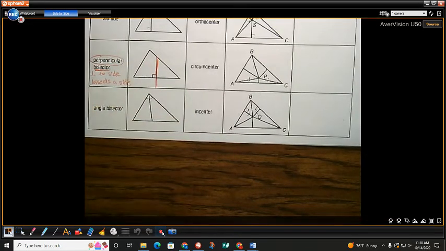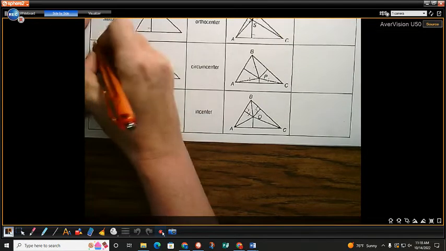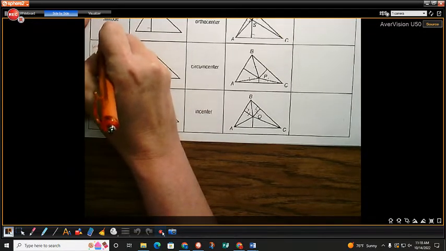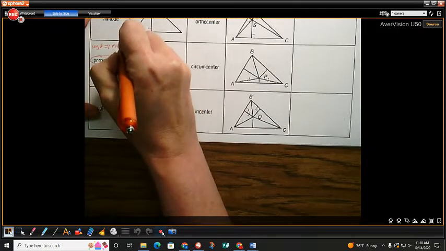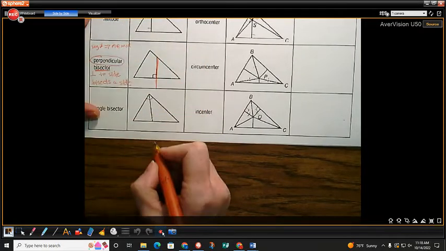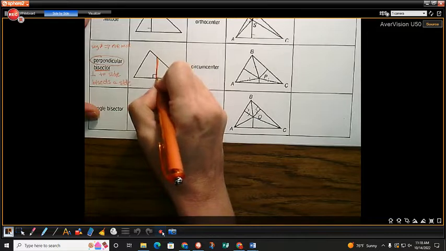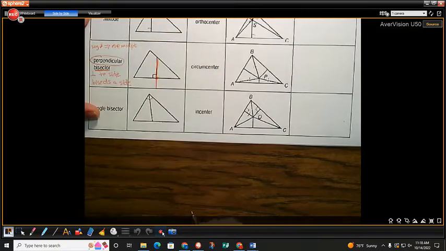What does a segment bisector imply? A segment bisector implies an intersection at a midpoint. So that means this perpendicular bisector goes through a midpoint. But what does the midpoint imply?